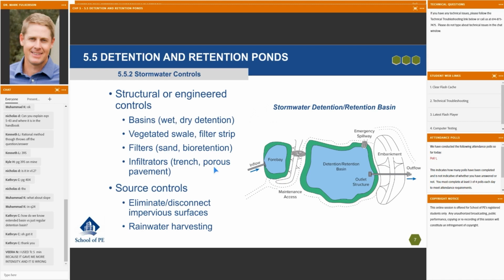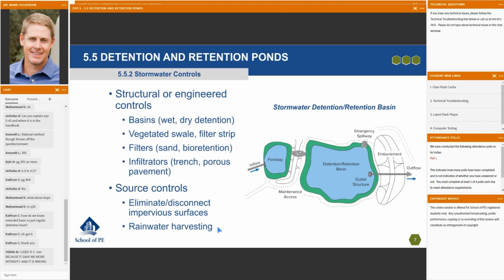Okay, so these are all structured or engineering controls after you get that runoff that's flowing. But sometimes we'll try to go to the source and say, hey, let's prevent the runoff from occurring at all. So let's use disconnected impervious surfaces or maybe no impervious surface at all on our site. Let's allow all that rain to soak into the ground.